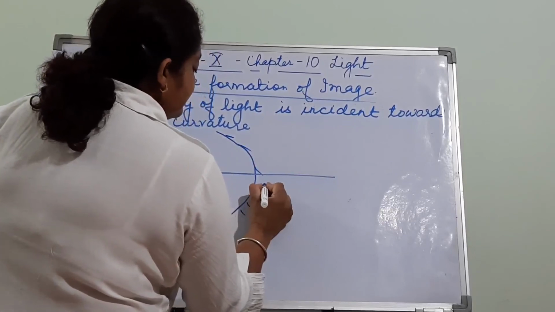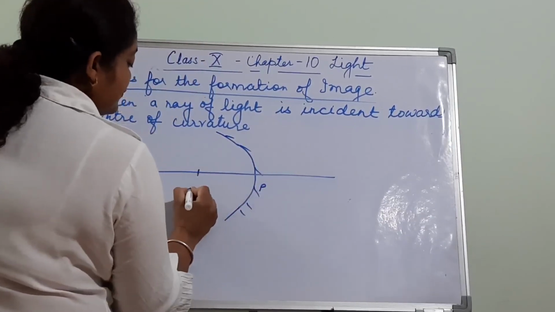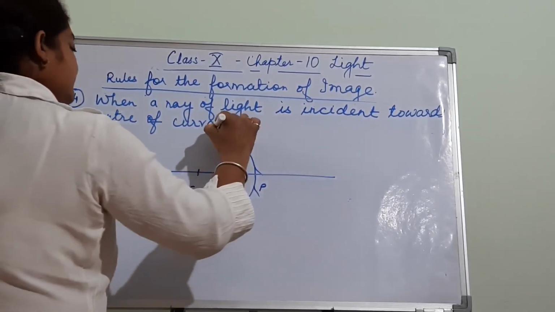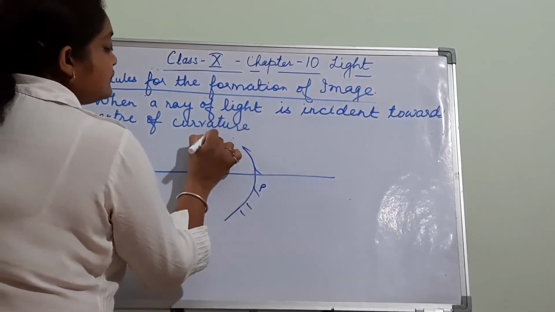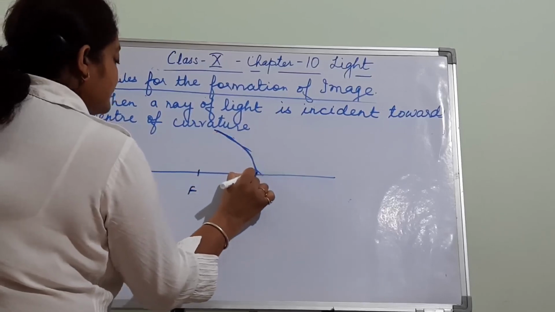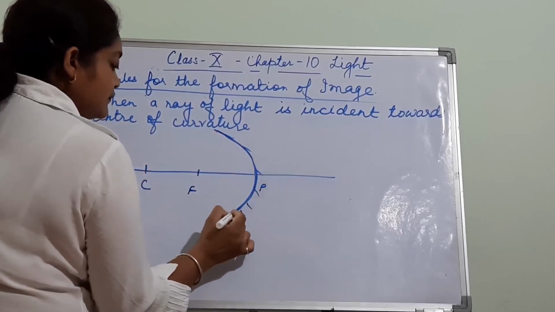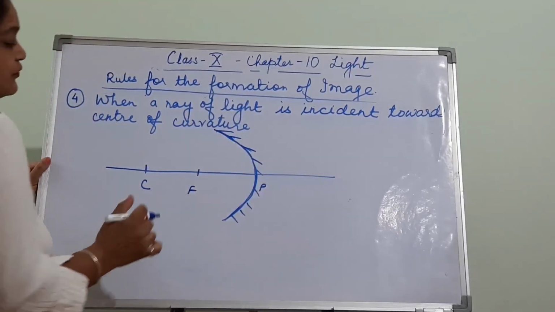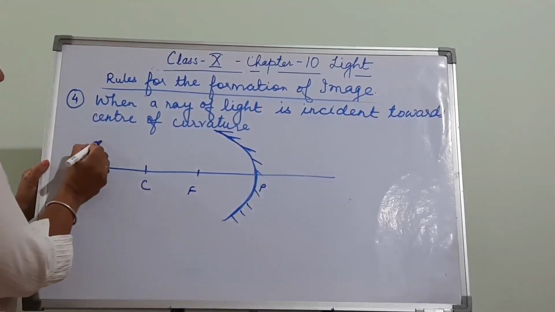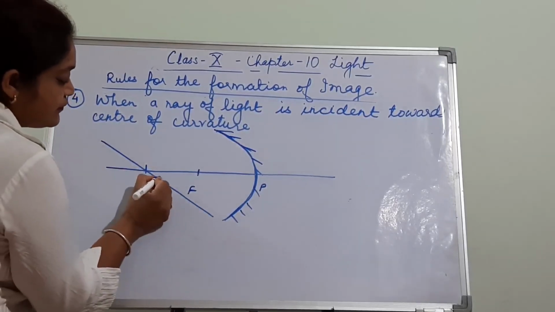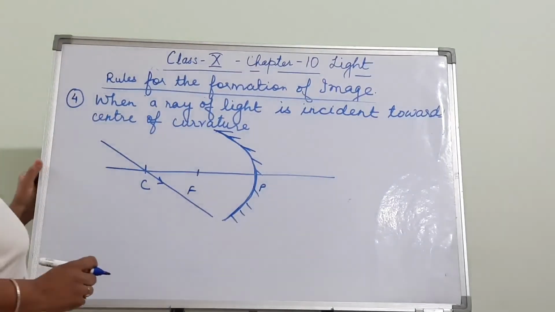This is pole, focus, and this is center of curvature. So we have to take an incident ray which passes through center of curvature.